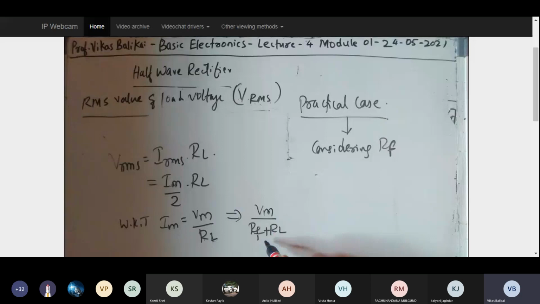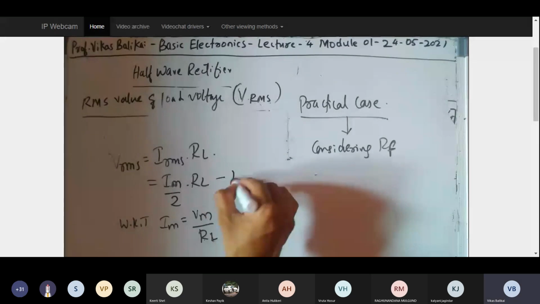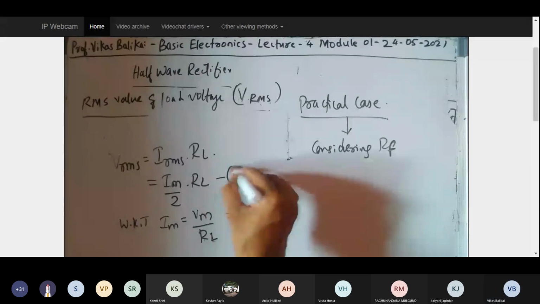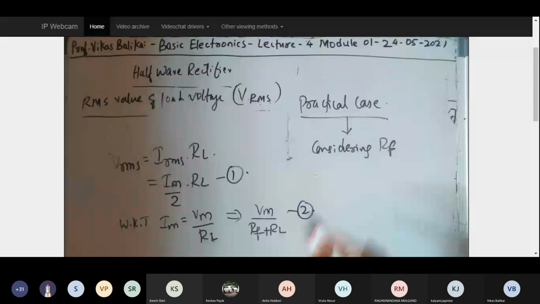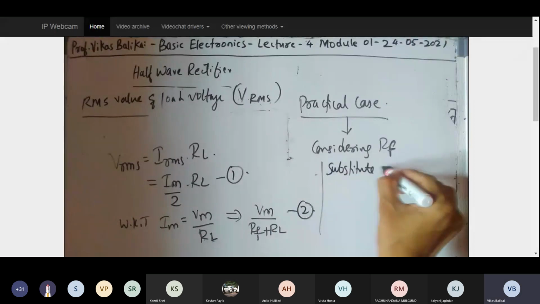If I write this, let me call this equation number 1 and this equation number 2. Now just substitute 2 in 1.